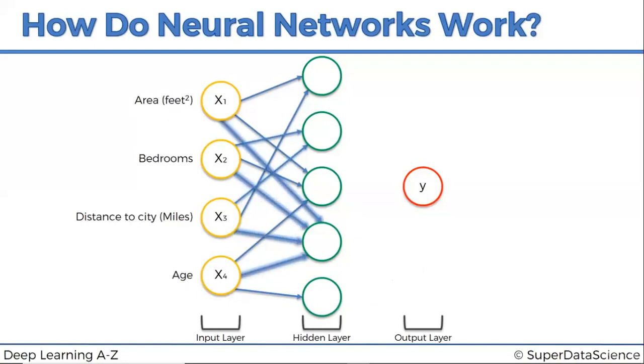And maybe a neuron picked up a combination of all four of these parameters. And as you can see, this whole hidden layer situation allows you to increase the flexibility of your neural network and allows the neural network to look for very specific things, and then in combination, that's where the power comes from.